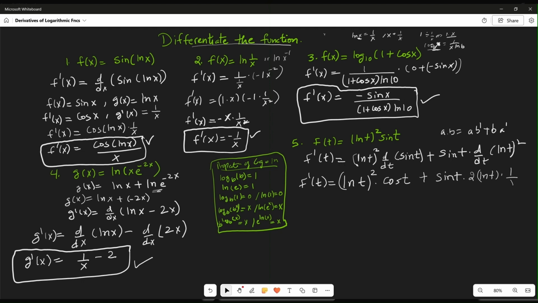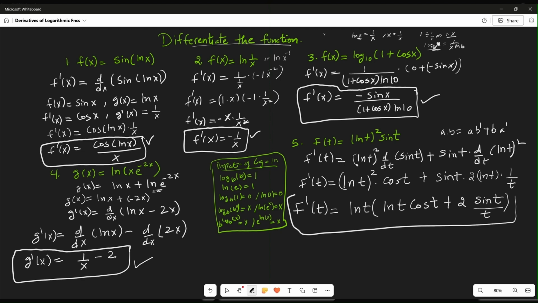So x is equal to t here, so 1 over t. We can already tell natural log t is common here, so let's simplify. Natural log t cosine t plus 2 times sine t over t. And this is your answer for this one.